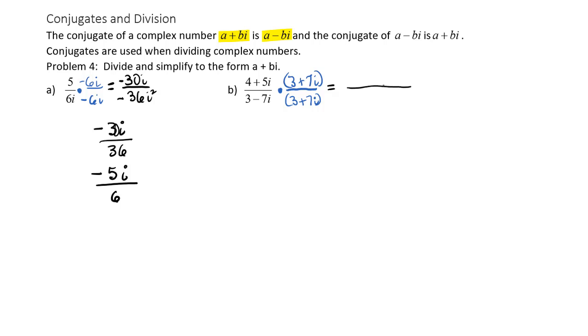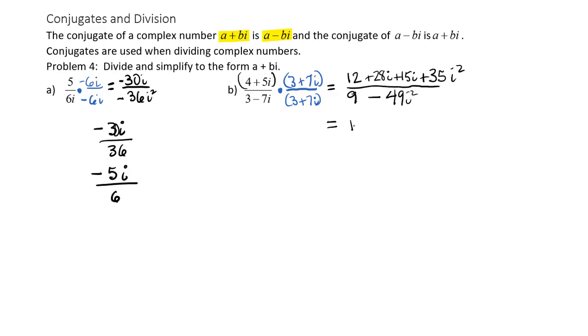When I FOIL the denominator, I'll have 9 minus 49i squared. In the numerator, I'll have 12 plus 28i plus 15i plus 35i squared.